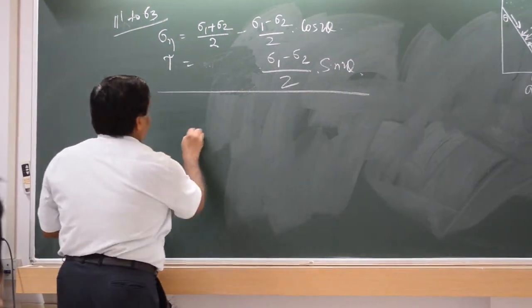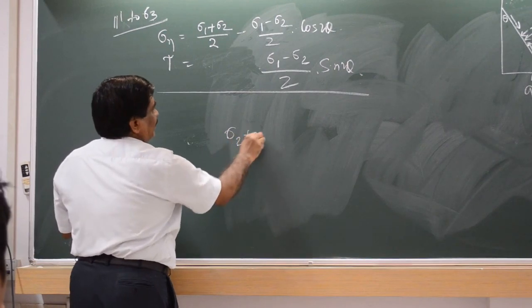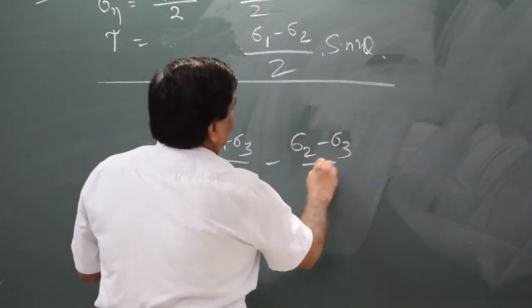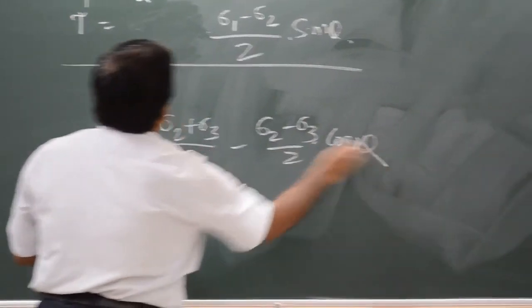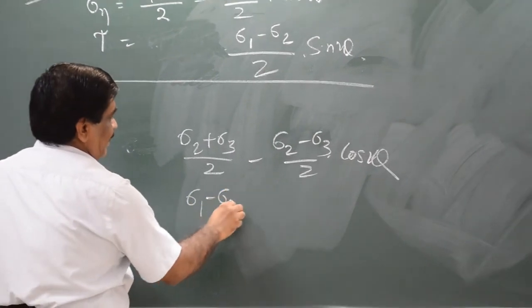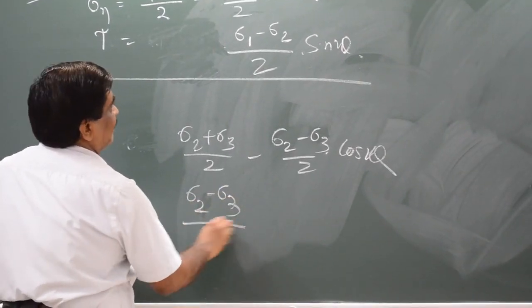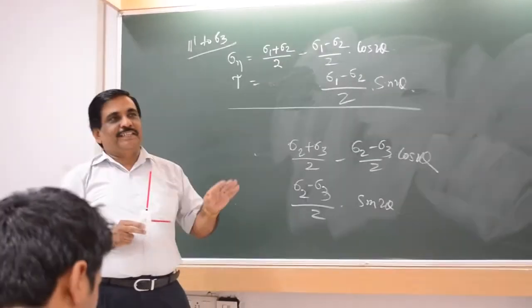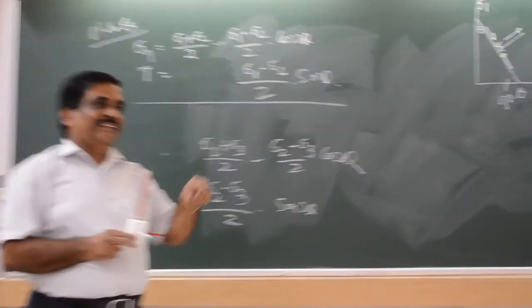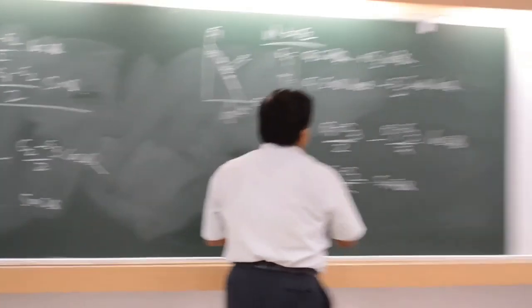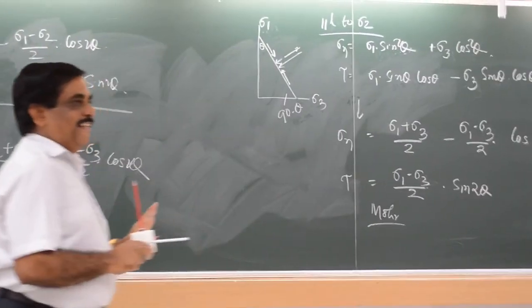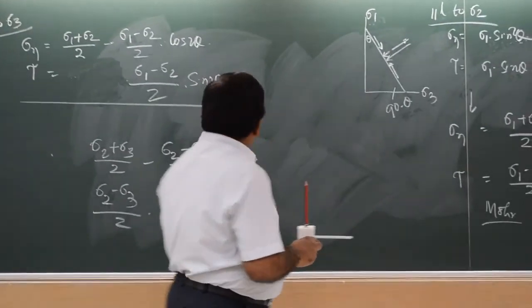You can write another equation: sigma n is (sigma 2 plus sigma 3) by 2 minus (sigma 2 minus sigma 3) by 2 into cos 2 theta, and tau is (sigma 2 minus sigma 3) by 2 into sin 2 theta. This was to be sigma 3. So what will be in both?